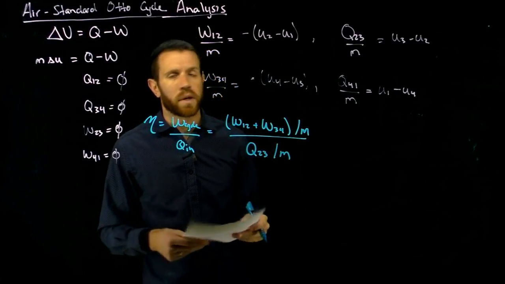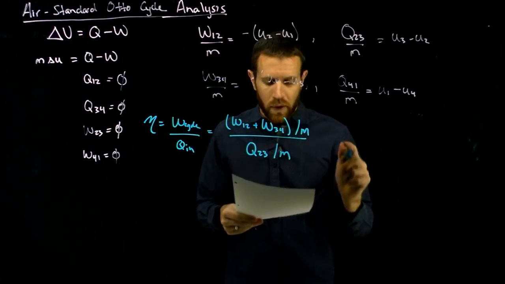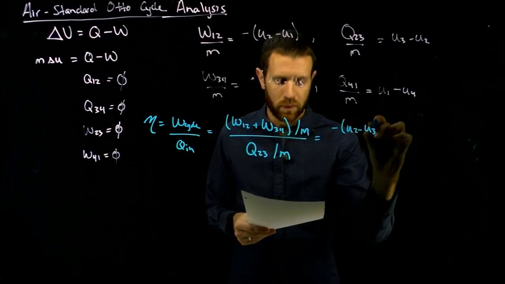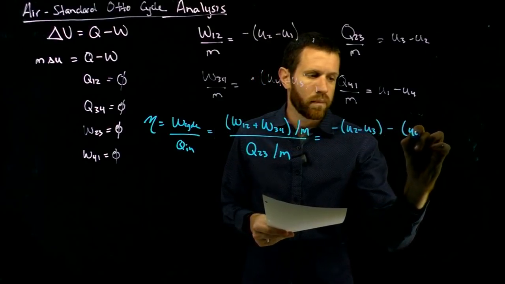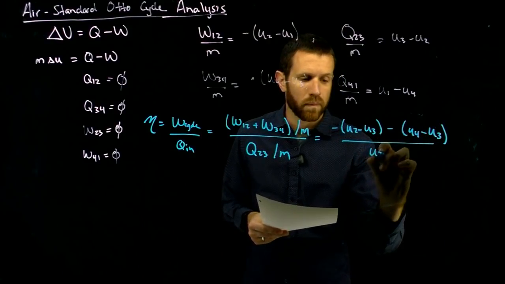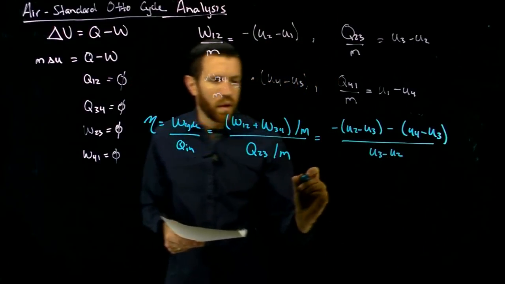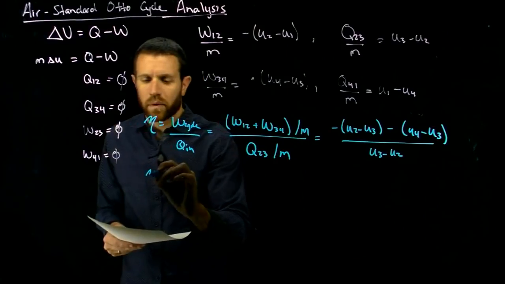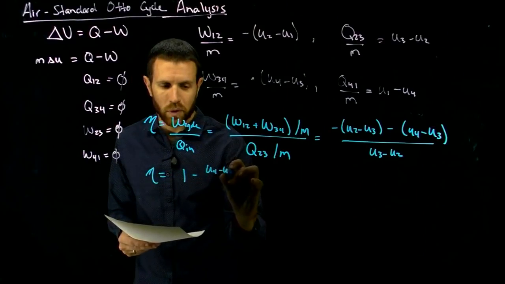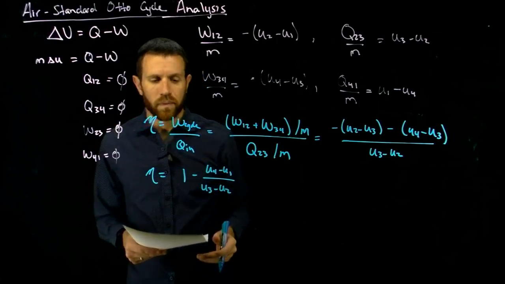And I've only got one process, process 2 to 3, in which I'm putting heat into my gas. So here we go. I can arrange eta as 1 minus U4 minus U1 over U3 minus U2.